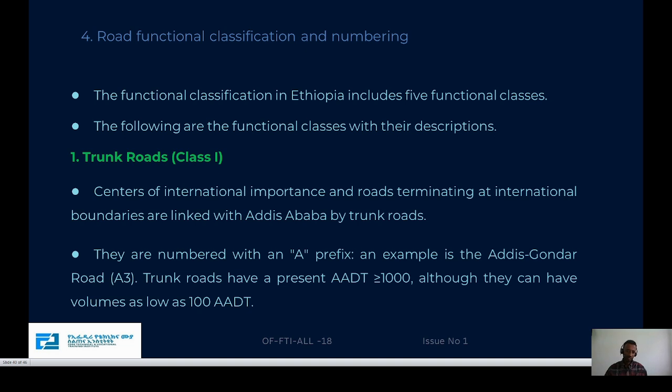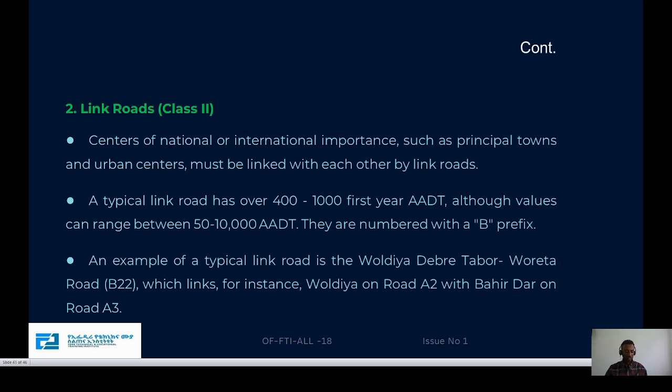We have these classes, and the first one is the trunk road. Trunk roads are the first class, connecting centers of international importance, with roads terminating at international boundaries. For example, Addis Ababa to Djibouti by trunk roads.